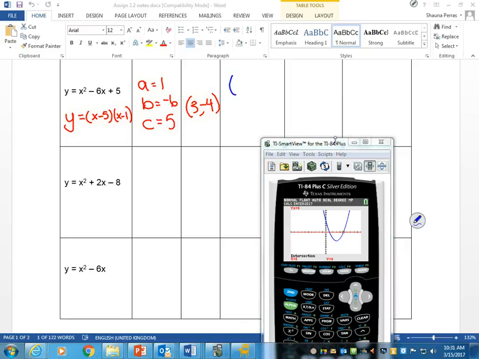So what we found out was it was 1, 0, and it's 5, 0. Those are our x-intercepts. Kaylin noticed an extra key point. She said, hey, over here when it's factored, if we set y to 0, we get x minus 5 equals 0, which is x is equal to 5, and x minus 1 equals 0, which is x is equal to 1. Those are your x-intercepts right there.